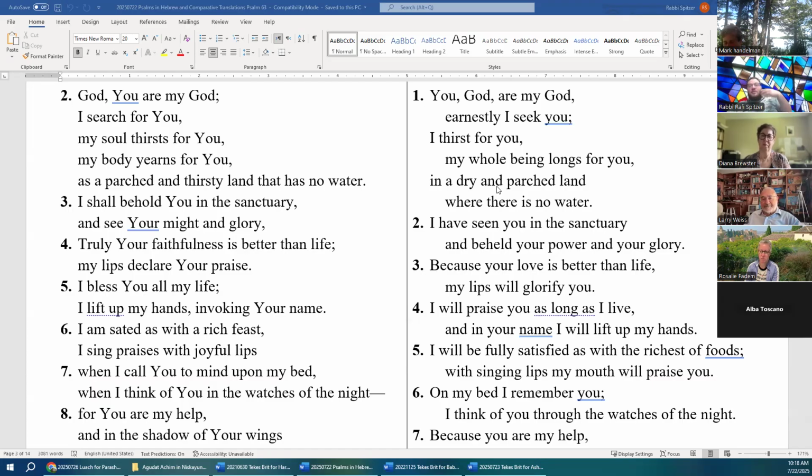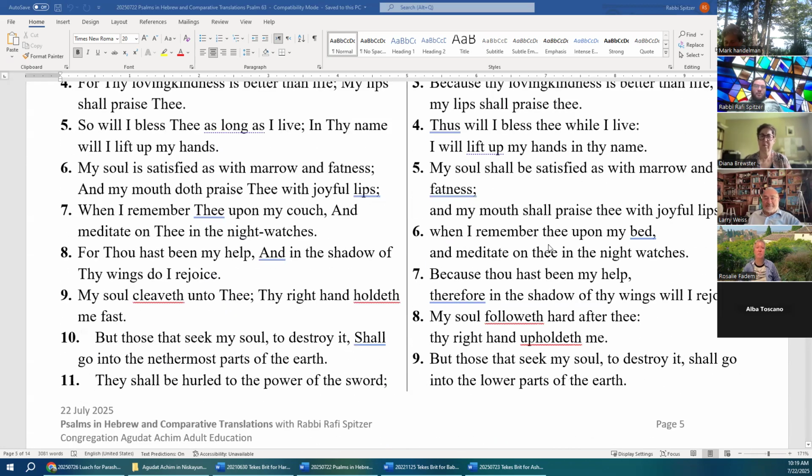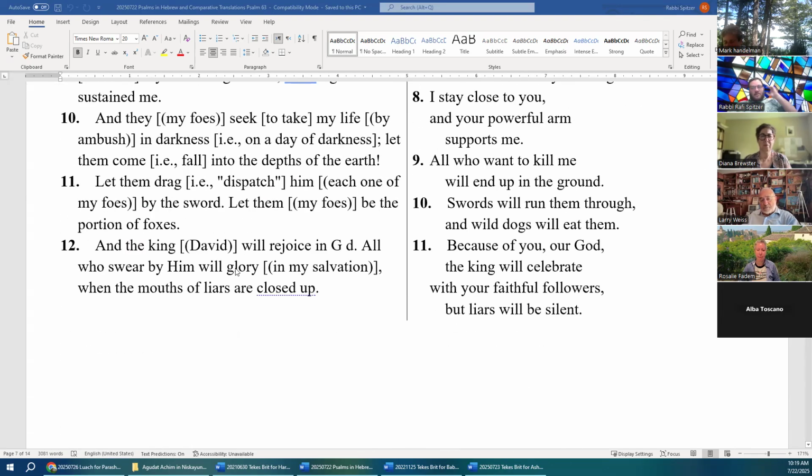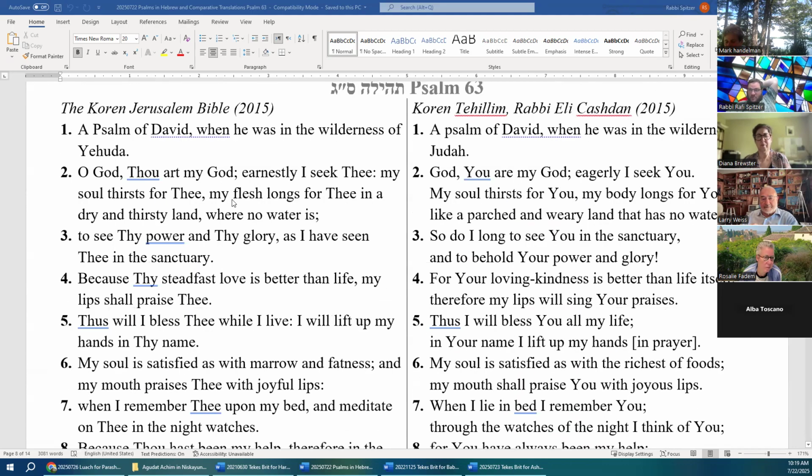He is parched by thirsting for God, and the liars are parched or muzzled, or their throat is blocked up because they too fail to have that relationship with God, with truth, with loving kindness. So I do think there's something to that. Of course, also the poet is writing in the wilderness of Judah, in the desert. So he's looking out at the landscape itself and saying, "Ah, I'm just like these hills that are parched for water," right? Like I too am thirsty, just as these hills are thirsty.